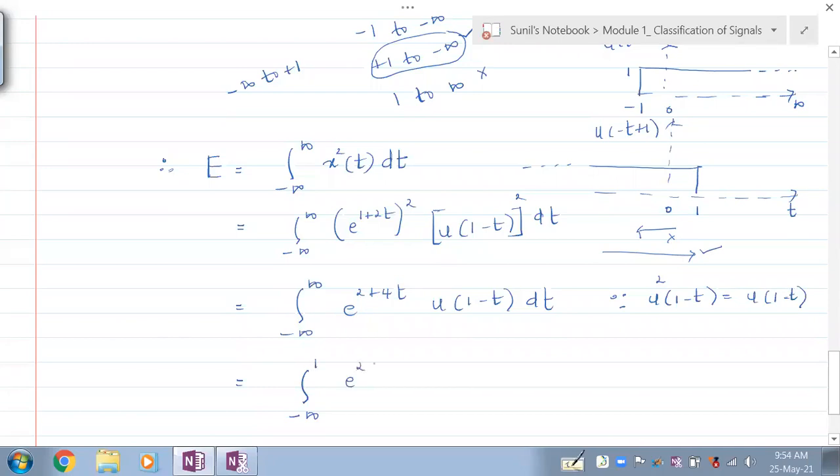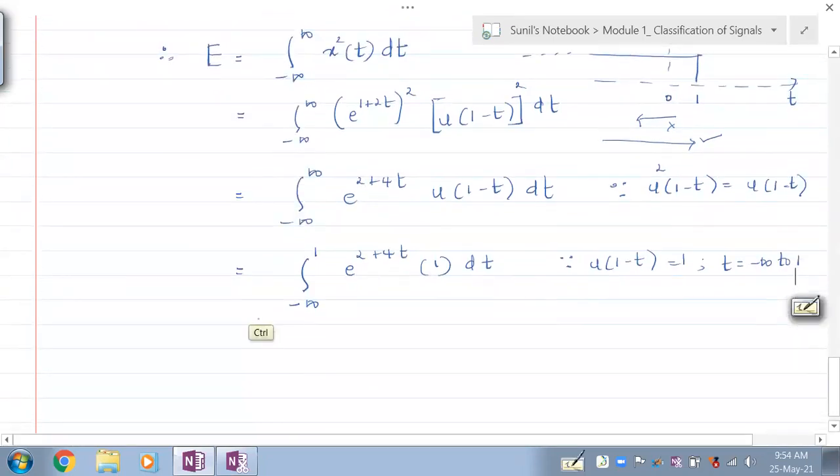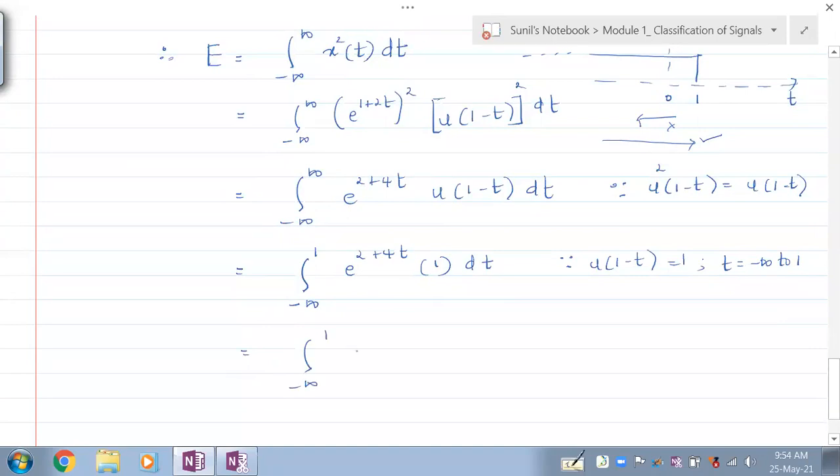It's e power 2 plus 4t into 1 dt. Why did I write 1 there? Since u of 1 minus t is 1 for t equal to minus infinity to 1. So you have to give the reasons properly. Now, there are two exponentials, mind you. One is a signal, the other one is a scalar.